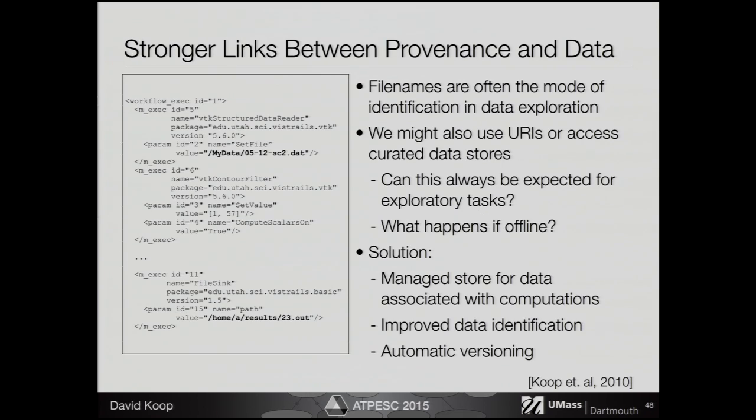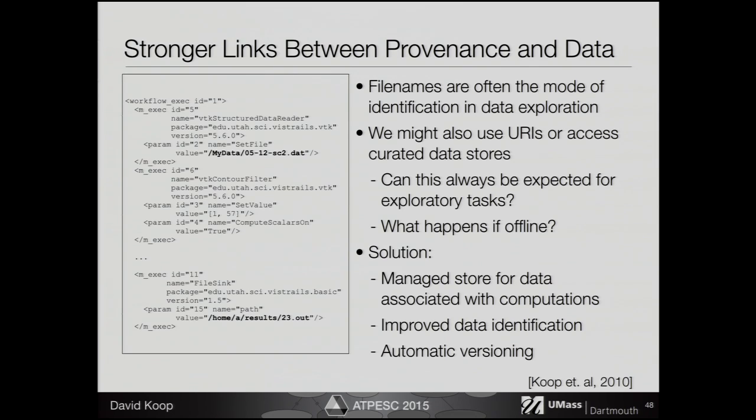Another piece of provenance querying and making use of the provenance is actually having links to the data or knowing where your data sits. So one of the talks yesterday talked about having a data warehouse, right, where whatever you did went and talked to the data warehouse, checked out the input data and checked in the output data. Having some repository or some way to deal with what the data is, is important, because if I look at some of these provenance traces like the one on the left, I stored that somewhere on my laptop.